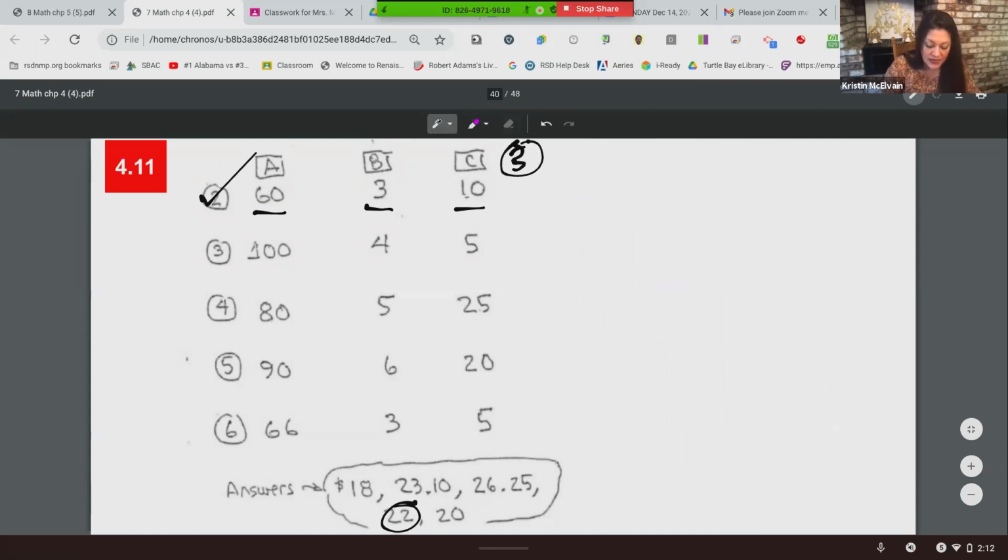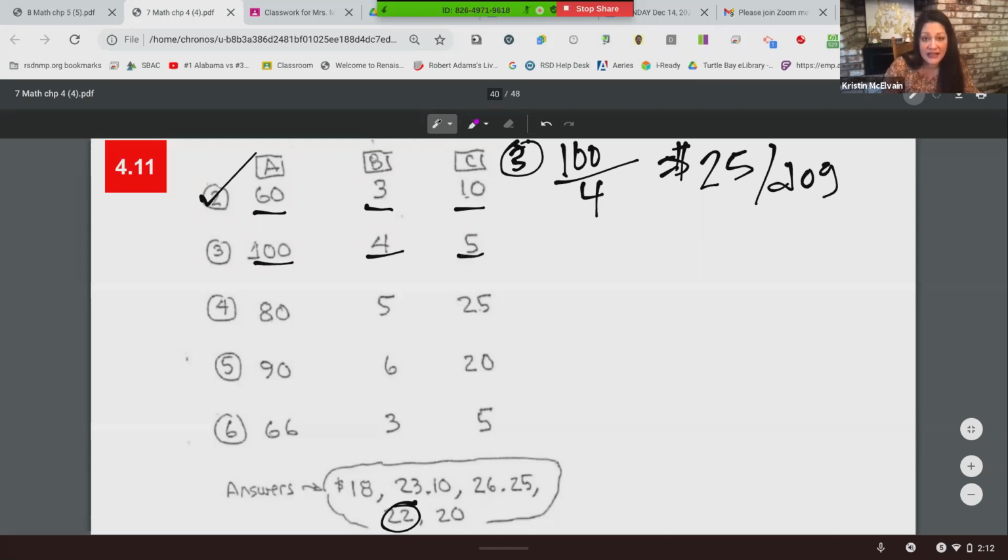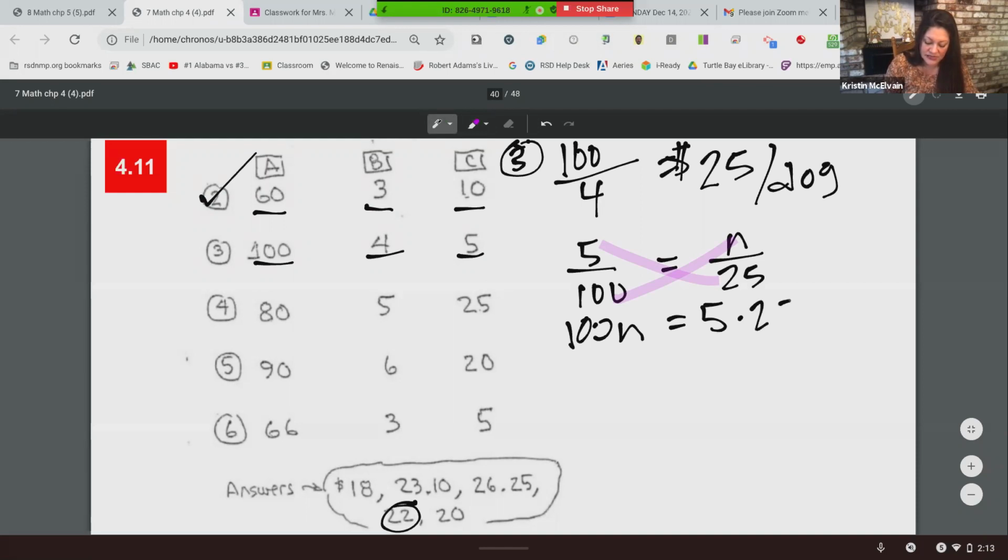Okay, number 3, Martin now makes $100 for 4 dogs, which is $25 per dog. Okay, so he earns a 5% raise of the 25. So 5 out of 100 is how much out of 25? Cross multiply. 100n is 5 times 25.